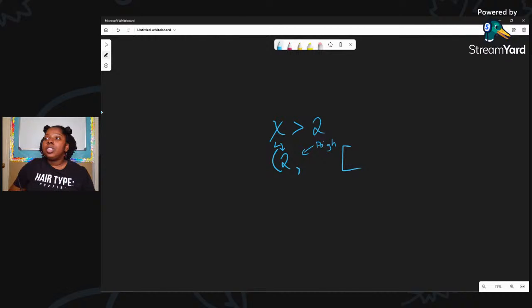So it's everything greater than 2. What am I going to put at the end? There's no limitation here. It just goes on forever and ever. What would I write there? Do I write a number?